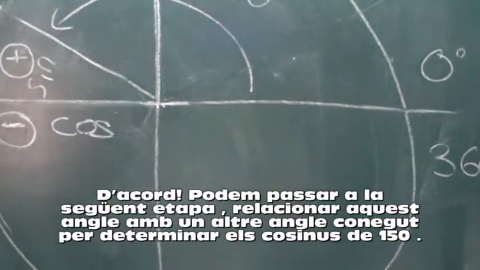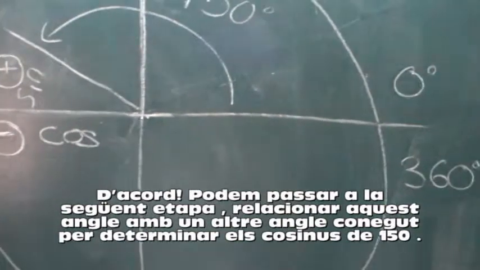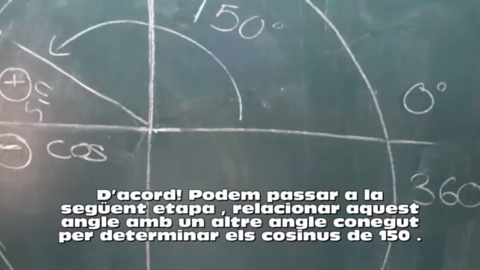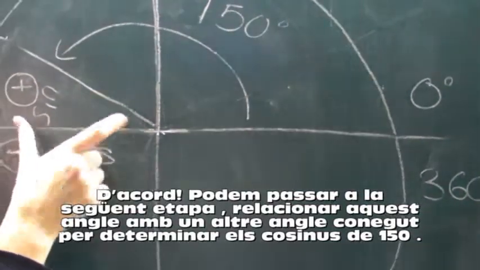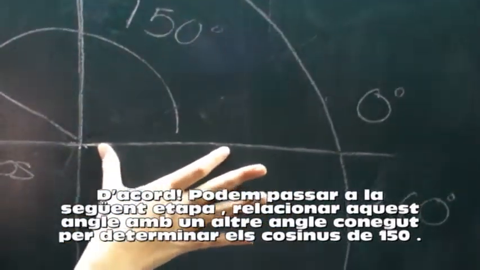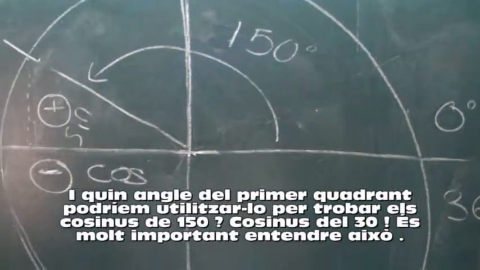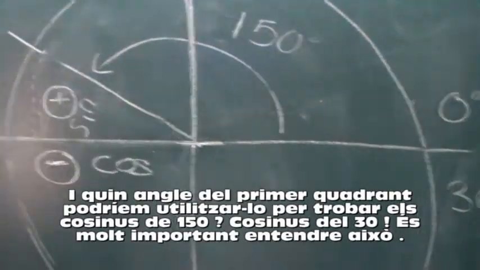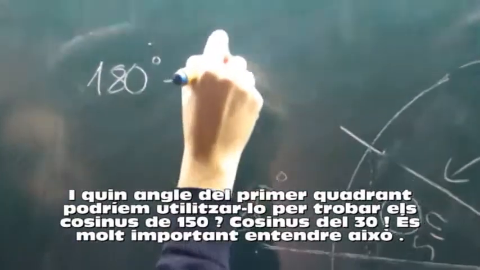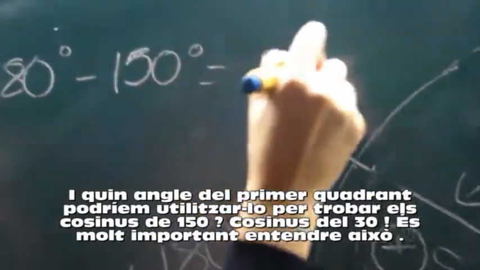Okay, we can pass to the next step. Relate this angle with another known angle to determine the cosine of 150. And what angle from the first quadrant could be used by us for finding the cosine of 150? The 30 degrees cosine.